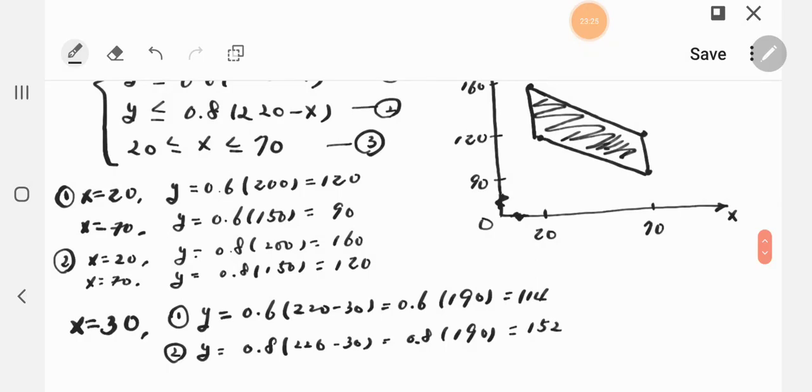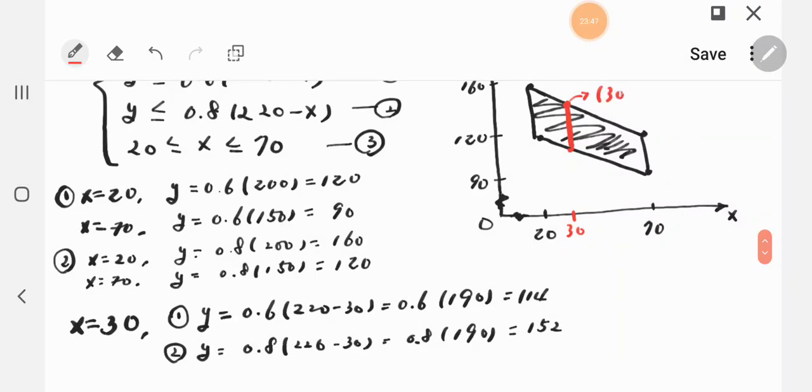All right, so if a person's age is 30, then the range should be between these two points.